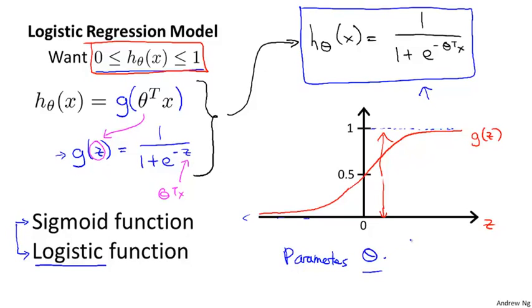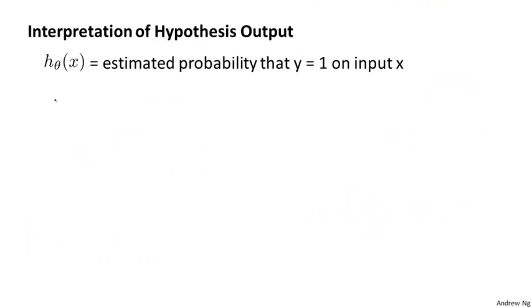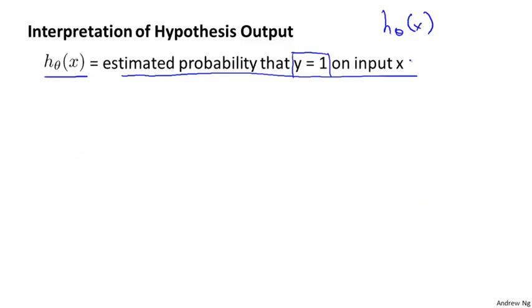But first, let's talk a bit about the interpretation of this model. Here's how I'm going to interpret the output of my hypothesis h of x. When my hypothesis outputs some number, I am going to treat that number as the estimated probability that y is equal to 1 on a new input example x.